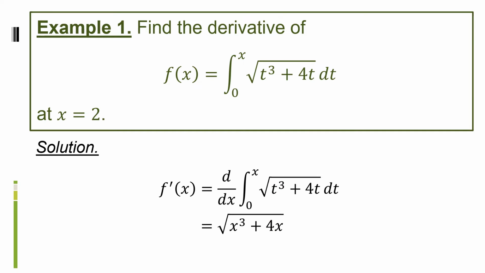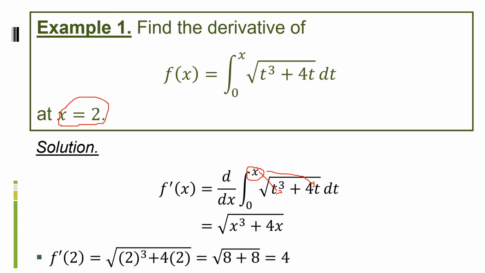By FTC number 1, pwede lang nating ilagay yung x doon sa t's natin. So that is now equal to the square root of x cubed plus 4x. But since we are looking for the value of the derivative at 2, then i-evaluate lang natin yung derivative at 2. So that is f prime of 2 is equal to the square root of 2 cubed plus 4 times 2, or that is square root of 8 plus 8, or that is now 4.